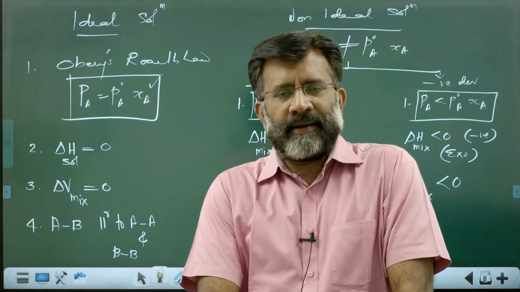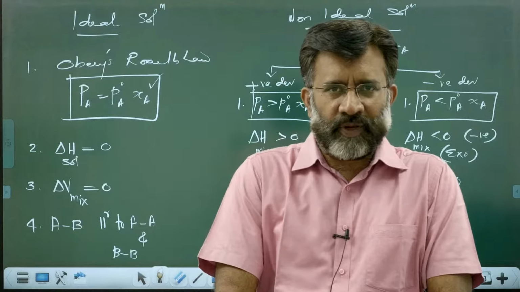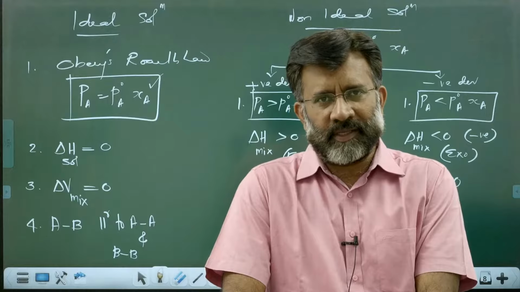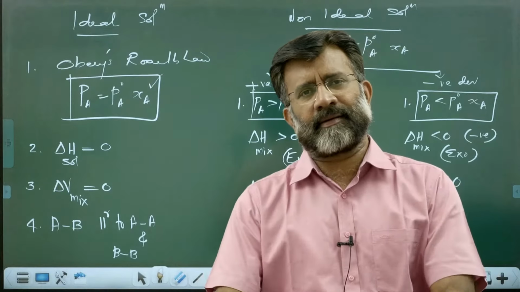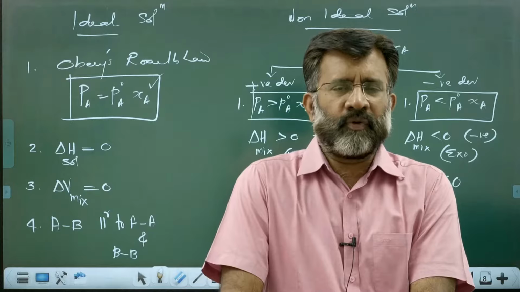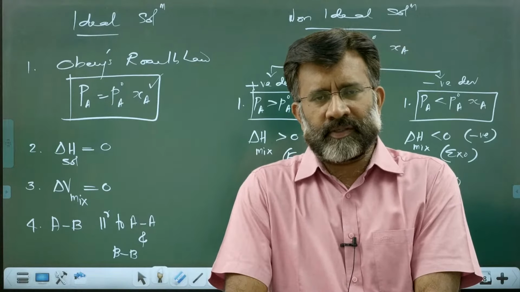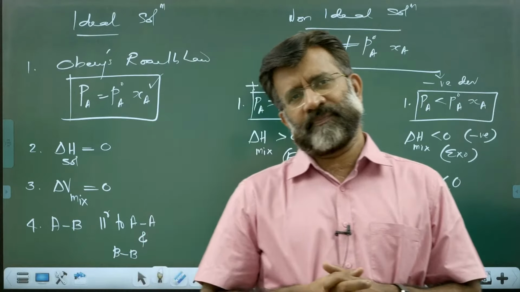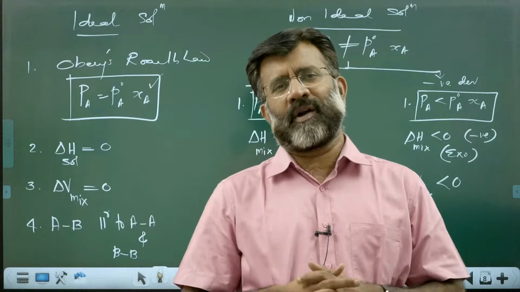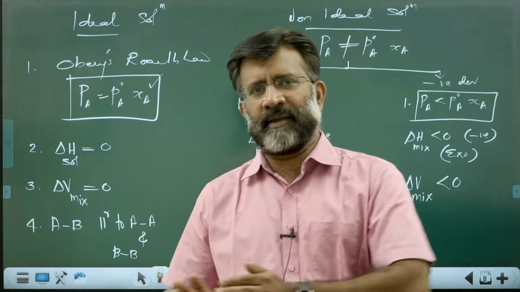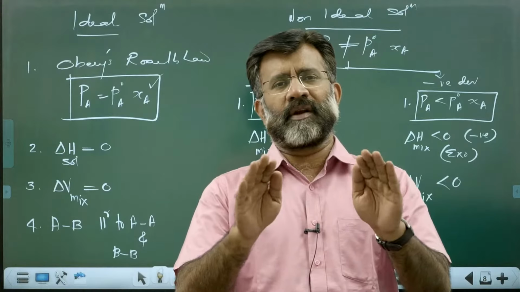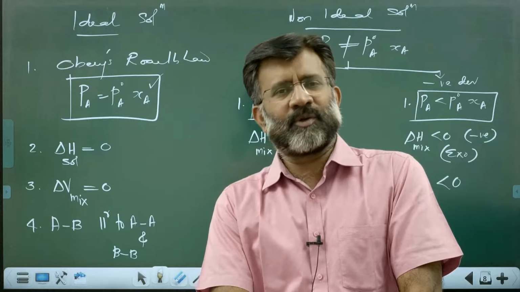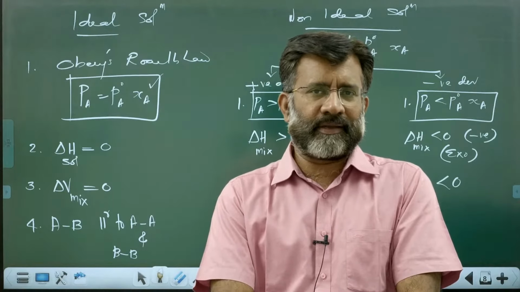If you mix identical substances, benzene, toluene, normal hexane, normal heptane, chloroethane, bromoethane, like that, identical charactered molecules, before and after mixing the molecular interaction is almost the same. Therefore, there is no change in enthalpy. There is no change in volume. If you take 10 liters A mixed with 10 liters B, volume will remain 20 liters, 10 plus 10. There is no increase or decrease in volume.